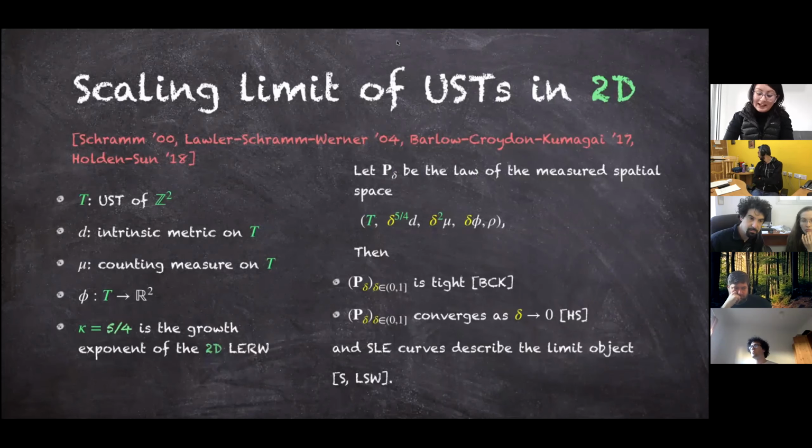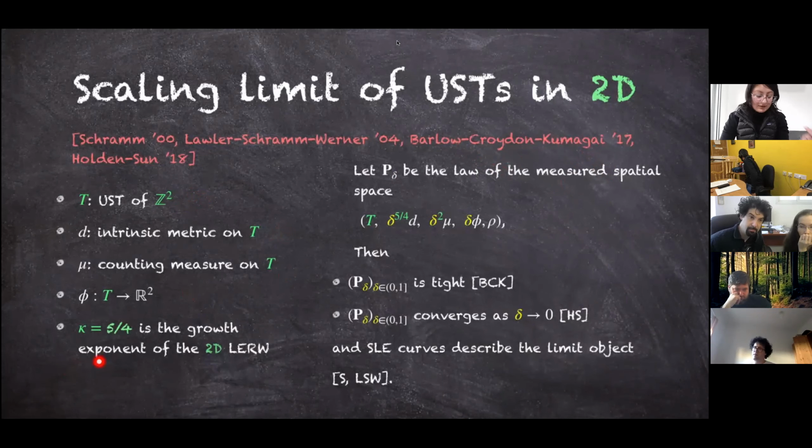And I'm writing this in the language of these measured rooted spatial trees, as Martin Barlow, David Croydon, and Takashi Kumagai managed in their work. So here T denotes the uniform spanning tree in two dimensions with its intrinsic metric, the counting measure, and the embedding.